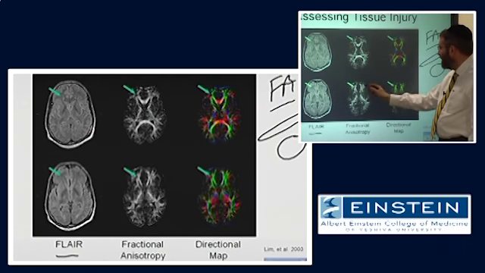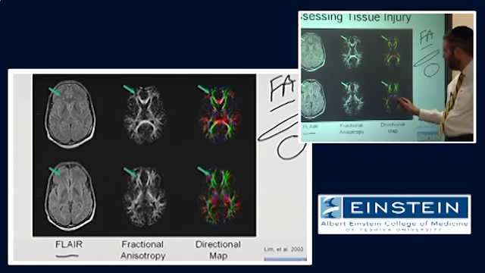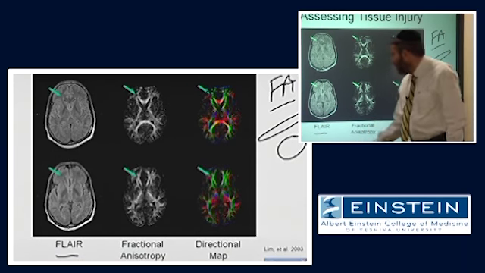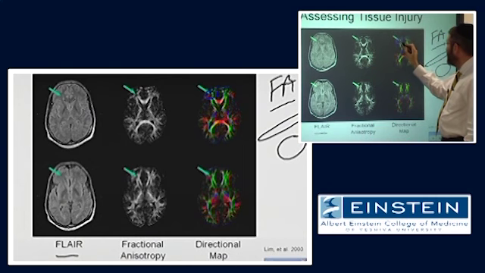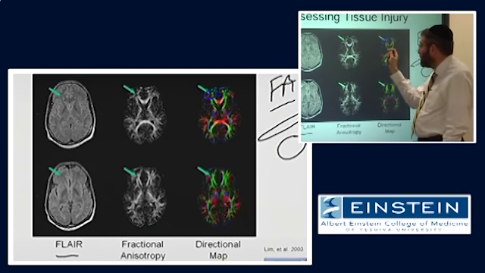But looking at these two images, one which is showing us the principal direction of diffusion, color-coded as we saw before, you can see that there is a region, unlike the other side, where we don't see the directional diffusion in the same way as we do in the unaffected part of the brain.